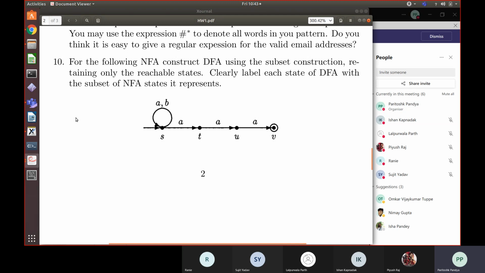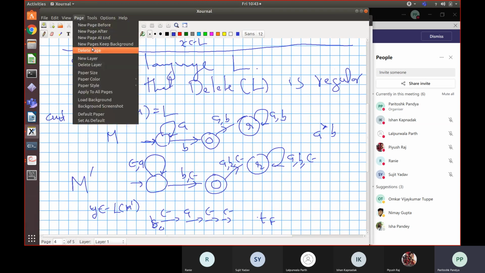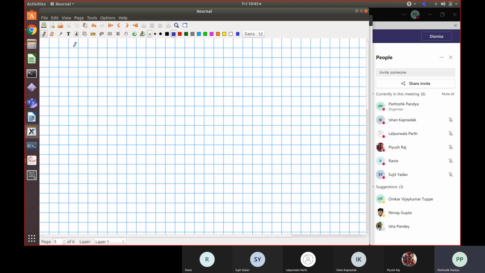So, we had the subset construction, right? And what we will do is we'll do 1 or 2 steps of this, not too many. So why don't we do that? So I will add a page. This is exercise number 10, right? And I will draw that automaton again.